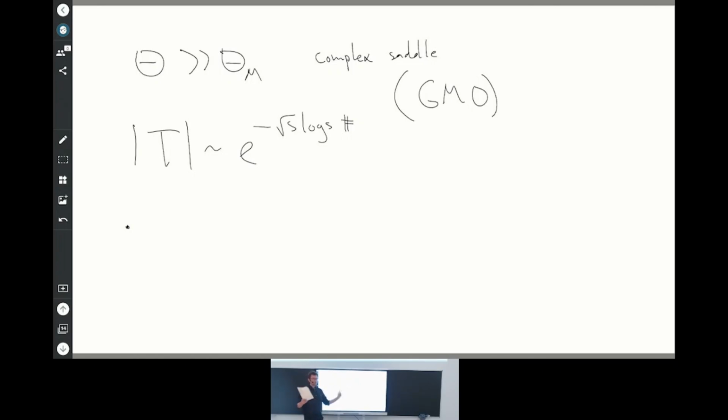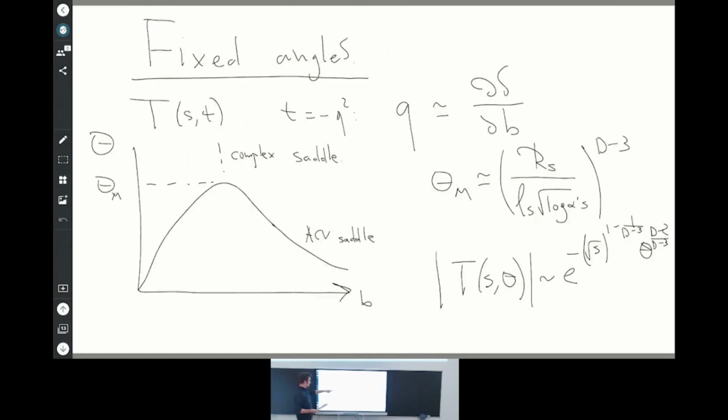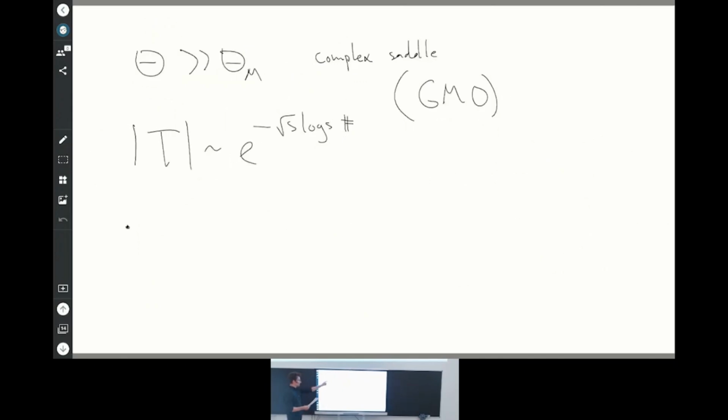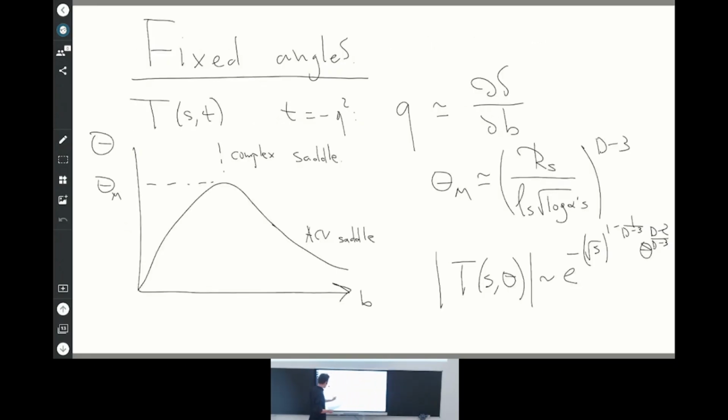And then one question in the subject is always, how does it agree with ACV, or where does it go? And the claim is that it roughly agrees with ACV in the region of this complex saddle, which corresponds to angles larger than this critical string angle. And the second point is that when you look at the position of the saddle, which is now a complex saddle in B space, you find that for any angle, the position of this guy is as usual.